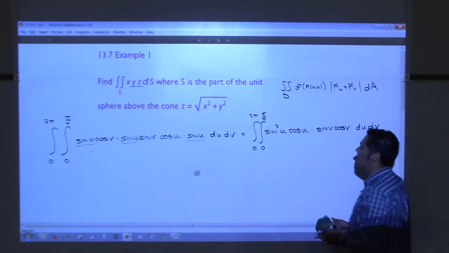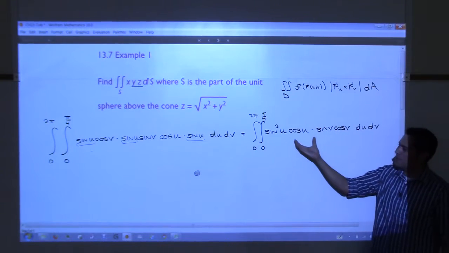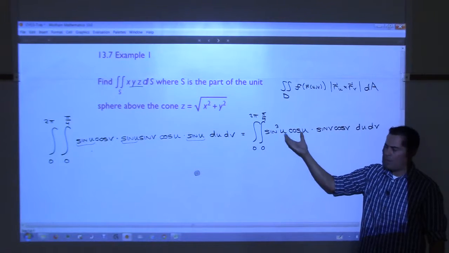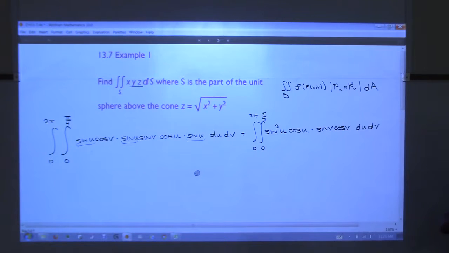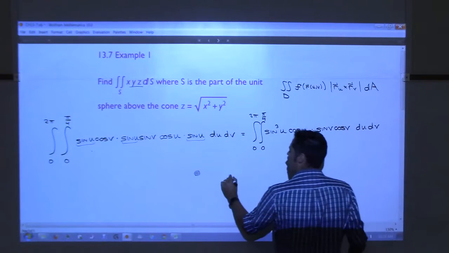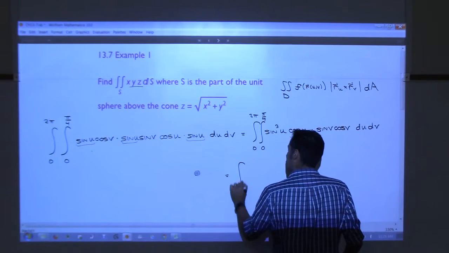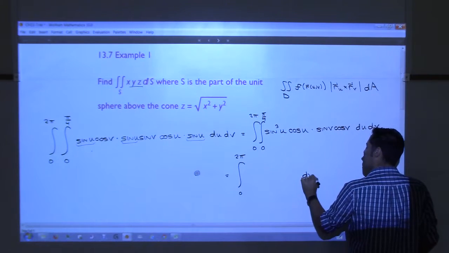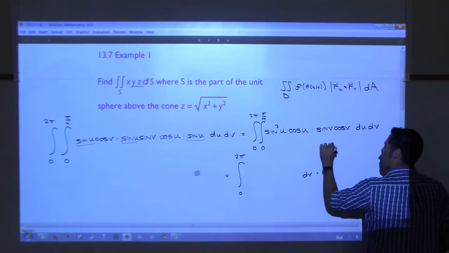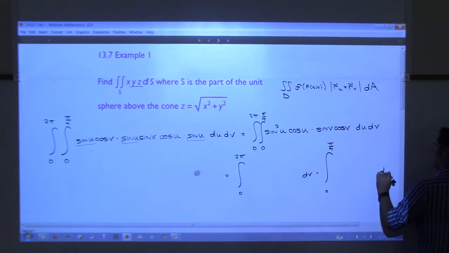I was going to ask you what we could do here, because this is all u's, right? All your u's are separated from your v's, like your u's and v's aren't mixed together. So you could actually split this into two integrals with what between the two integrals? Multiplication. This is one of those special cases we talked about way in the beginning with double integrals, that I can now make this the integral from 0 to 2 pi dv times the integral from 0 to pi over 4 du.